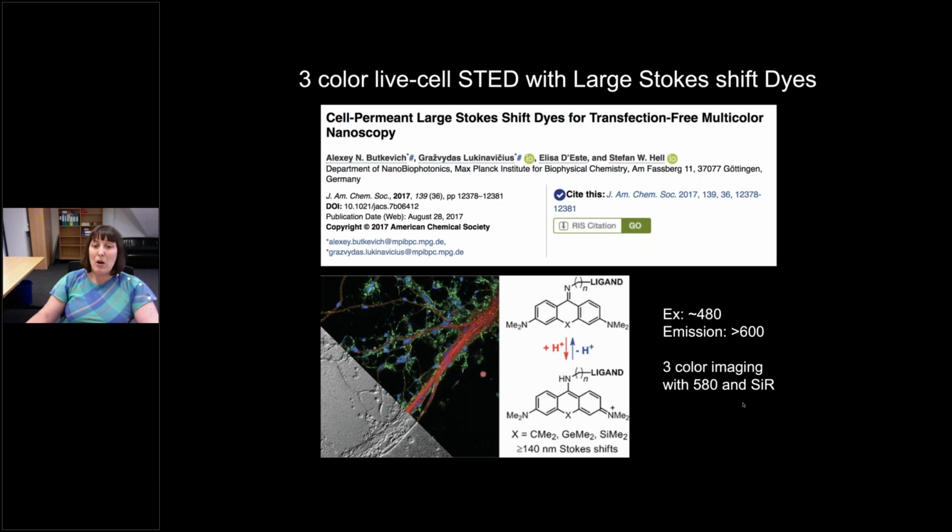That really has allowed three-color live cell STED imaging. I am very excited about further development of these long Stokes shift dyes in the next few years, which will hopefully make even more than two-color STED imaging accessible to everybody.